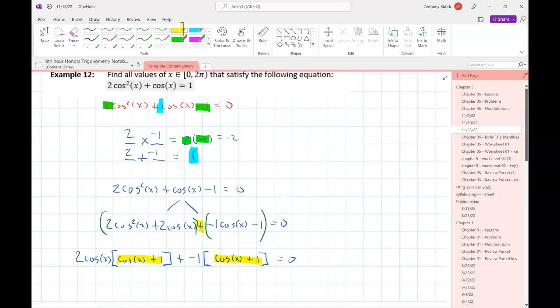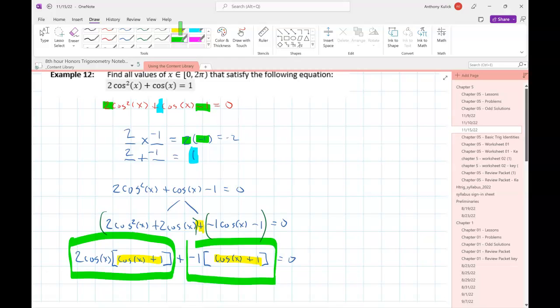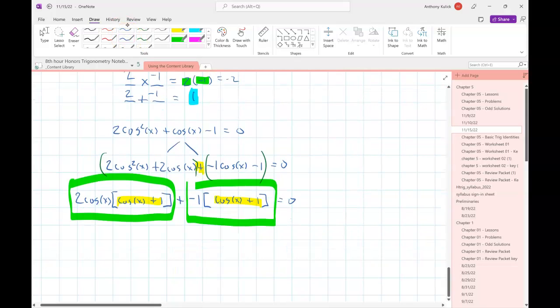I know I factored correctly because those two pieces are the same. If I think about this as one thing and this as one thing, what is the greatest common factor between the stuff in the green? Cosine x plus 1. Excellent.